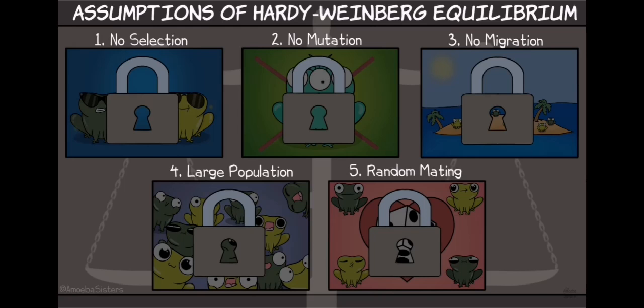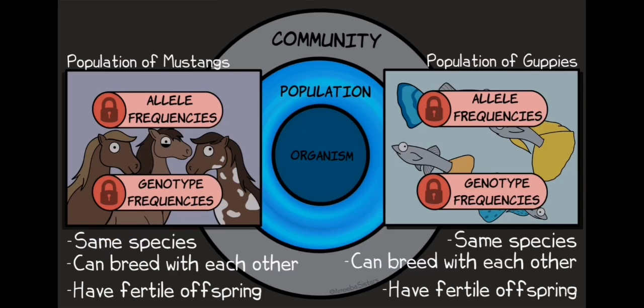So if we look at a certain population, say for example here on this illustration, the population of mustangs and the population of guppies. Guppies are fishes. We cannot say that all the organisms in this population have the same genotypic and phenotypic manifestation.